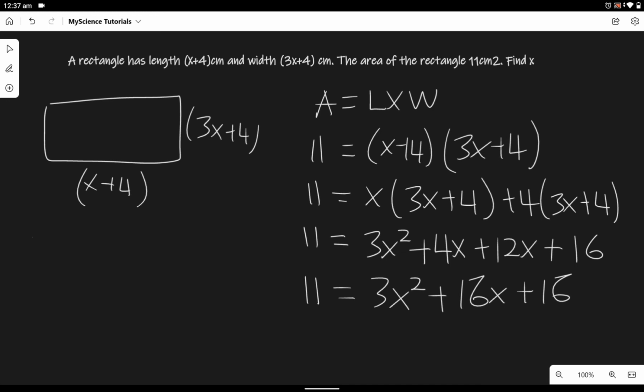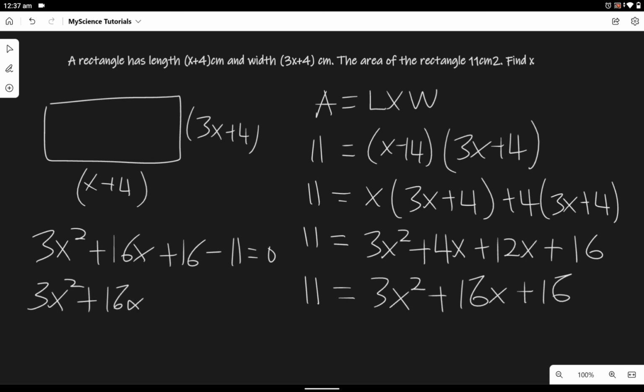So that will mean I have my 3x squared plus 16x plus 16 minus 11 is equal to 0. So I have from here 3x squared plus 16x. Now 16 minus 11, I have plus 5 is equal to 0.